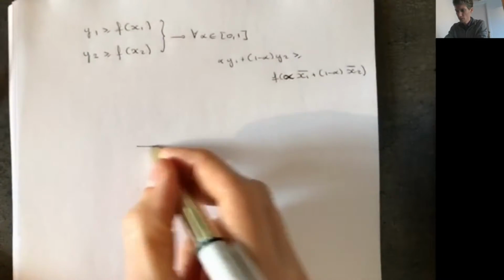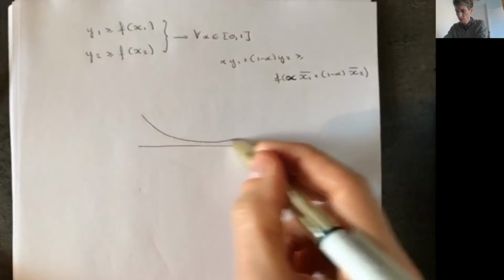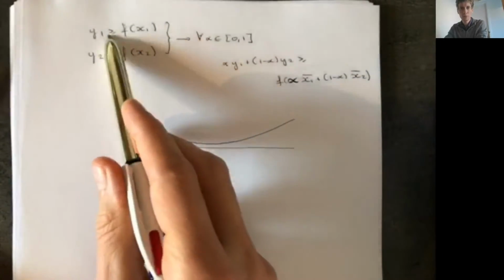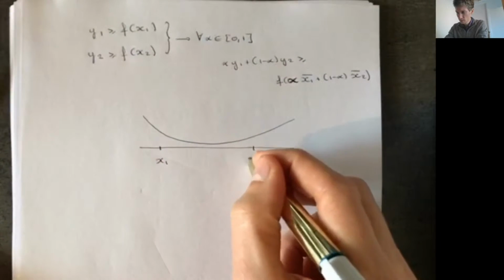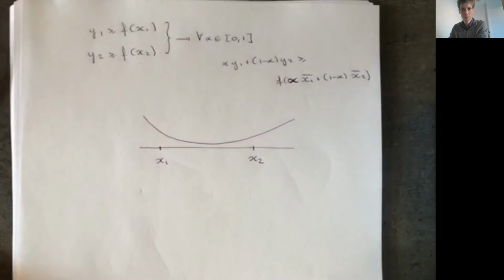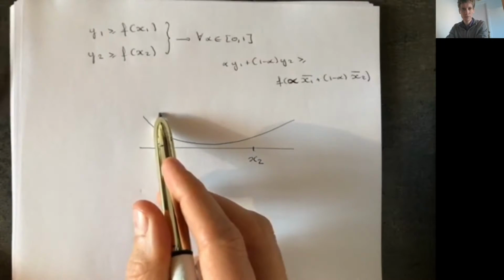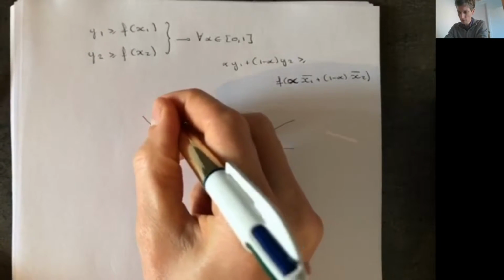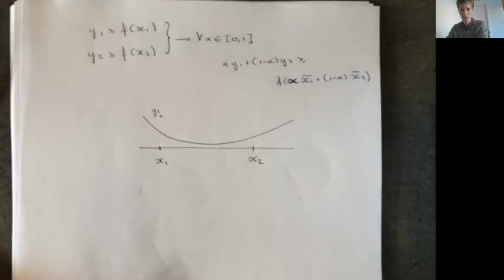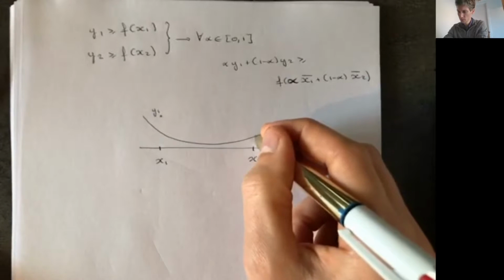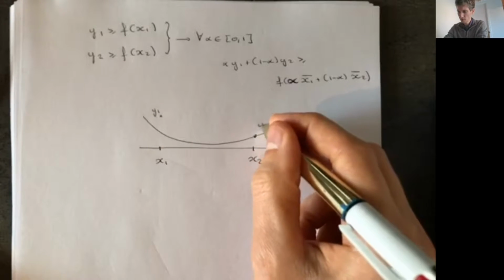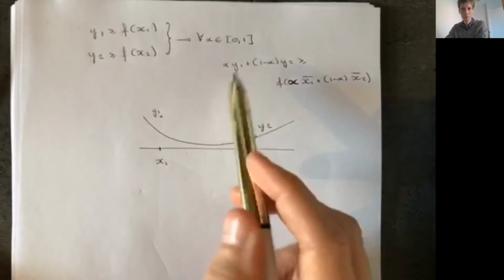Okay, so let me make the picture again. Here I have my convex function. I have an x1 and an x2. I have a y1 greater than f of x1, so for example here, this is my y1. I have a y2 greater or equal to f of x2, so for example, it's this one here.